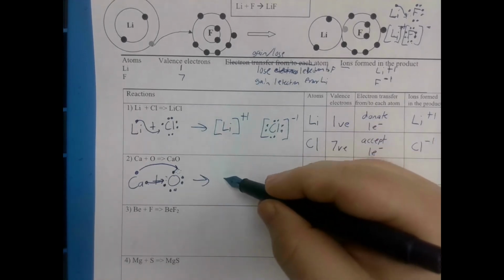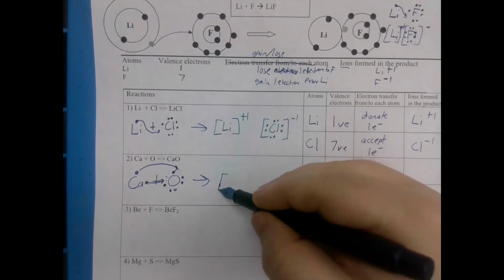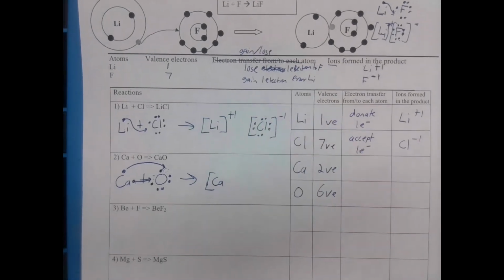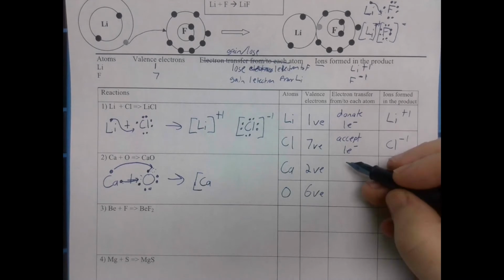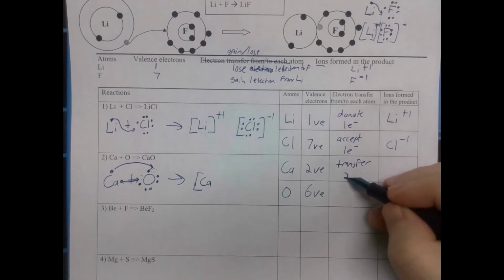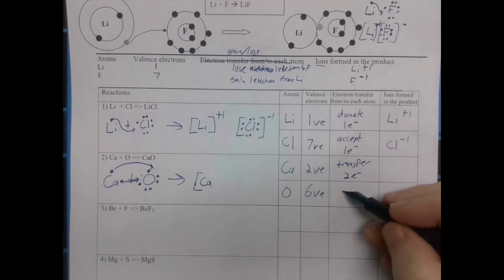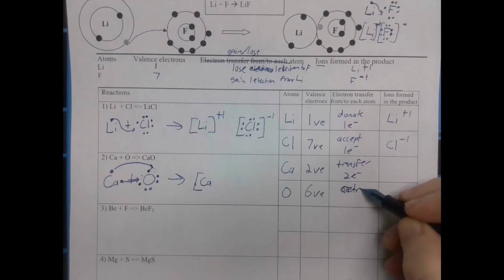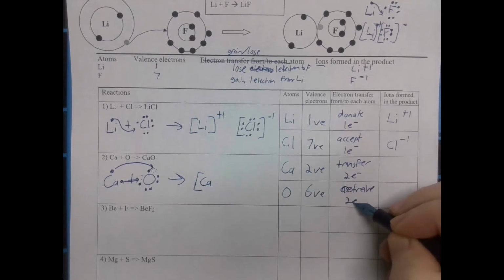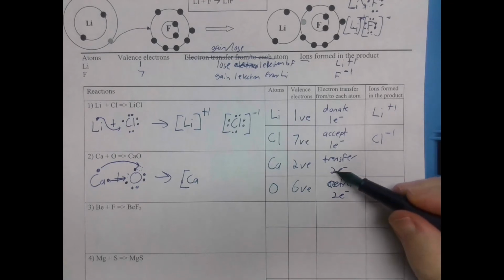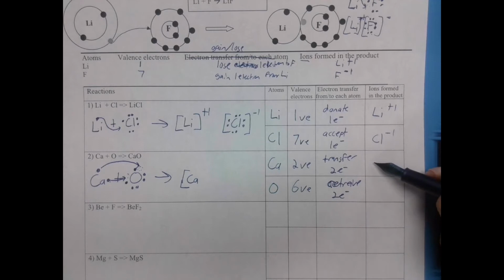And this makes, what charge does it have now? So, I should say, calcium is going to transfer or donate 2 electrons, while the oxygen is going to receive or accept 2 electrons. If it's transferring 2 electrons, that would make it have what charge?